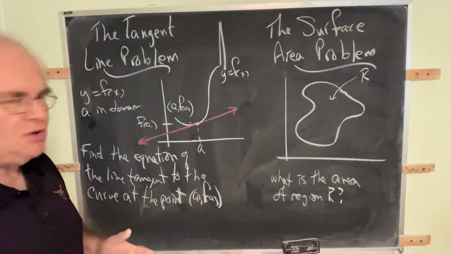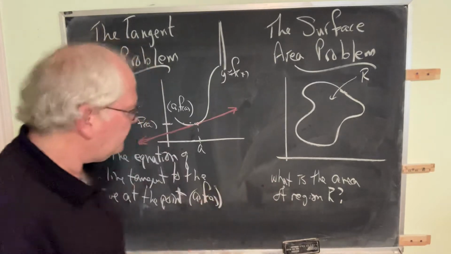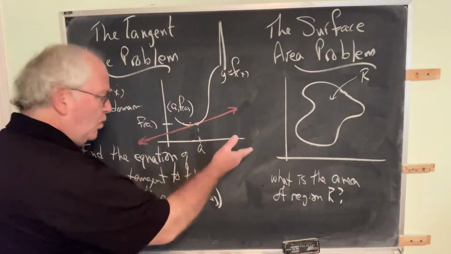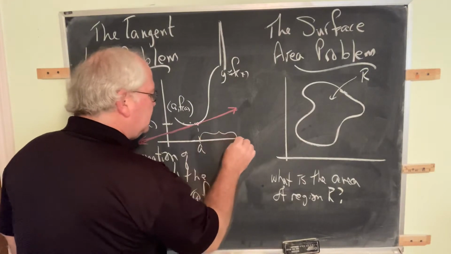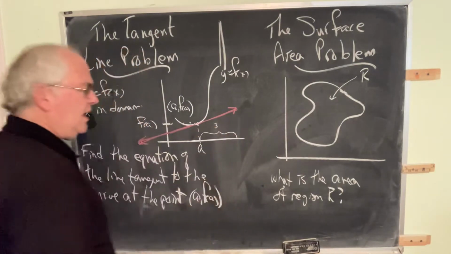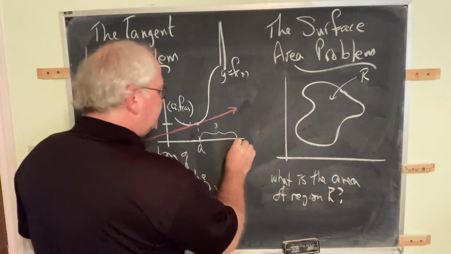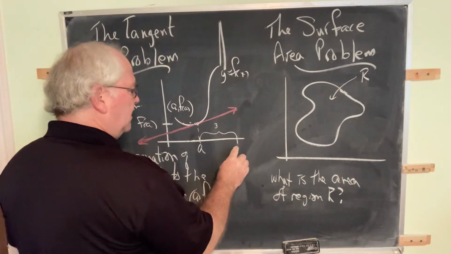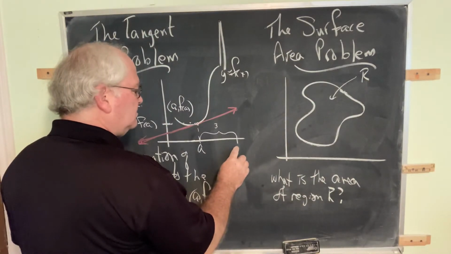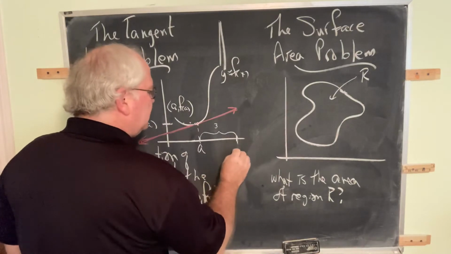Let's pick a number out of the blue sky. Let's choose 3. Suppose this distance is 3. So this is a plus 3.